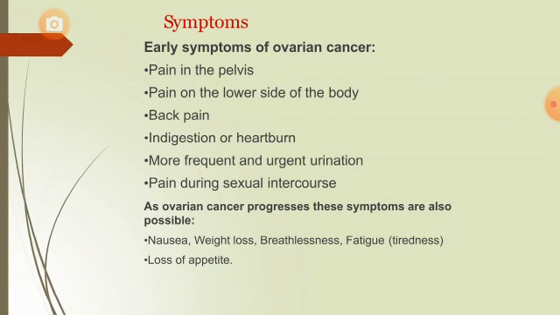The early symptoms include pain in the pelvis or pain in the lower side of the body, either the lower limbs or the lower abdomen or even the abdominal cavity, and back pain, and indigestion or heartburn, symptoms of irritable bowel disease or increased acid production, more frequent and urgent urination due to compression, feeling of heaviness, pain during sexual intercourse.